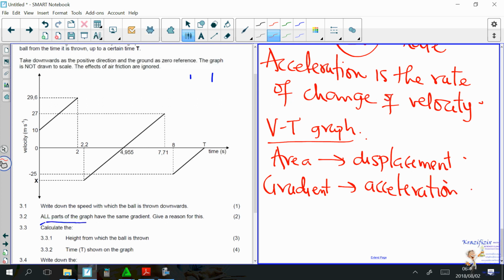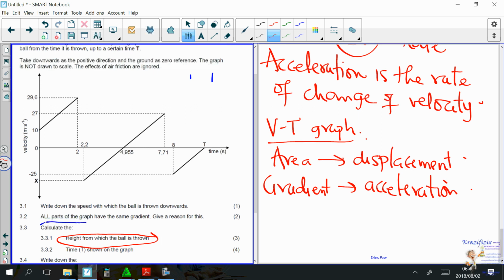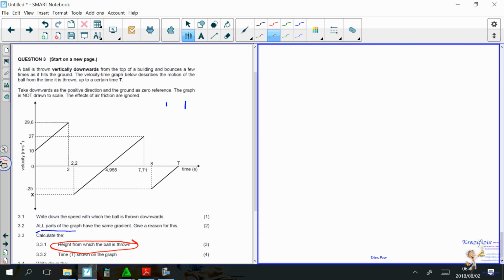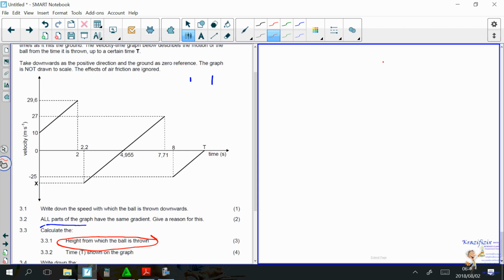Now let's try to answer the question quickly. Number one, 3.3.1. Calculate the height from which the ball is thrown. It is always easy when you write down the given data. We're going to try to look at so many options here, and this is what makes this video quite lengthy, but of quality.